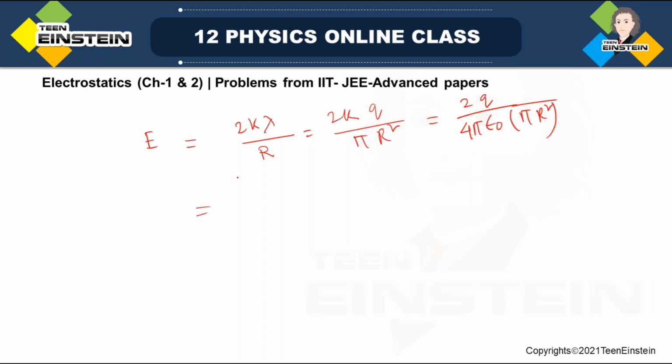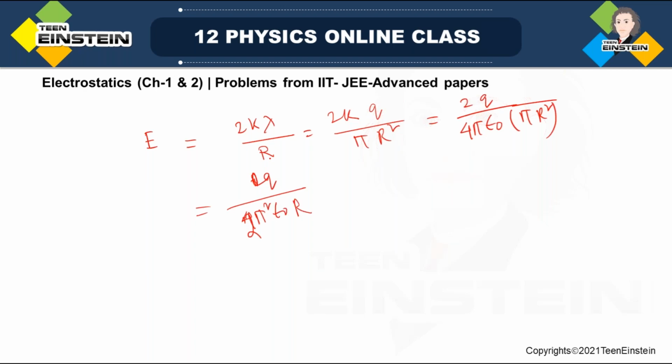So what we get is 2q by 4 pi square, or we can write 2 pi square epsilon naught.